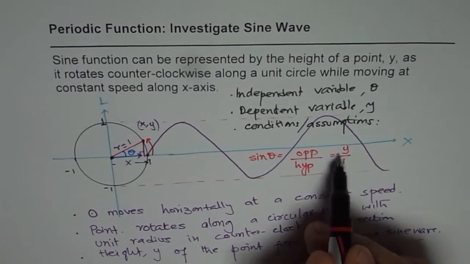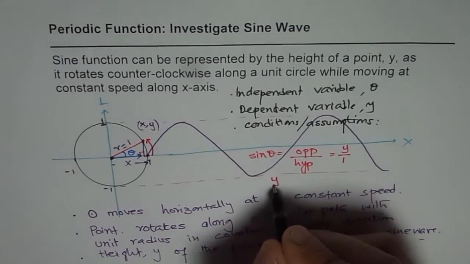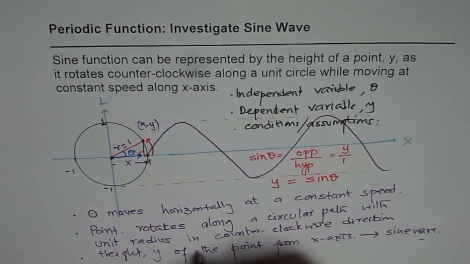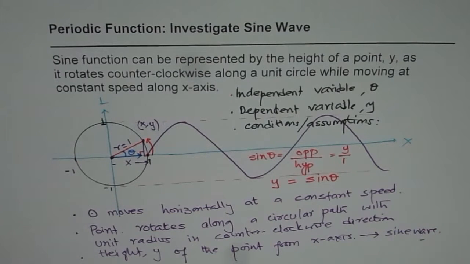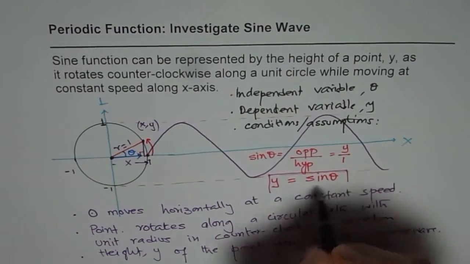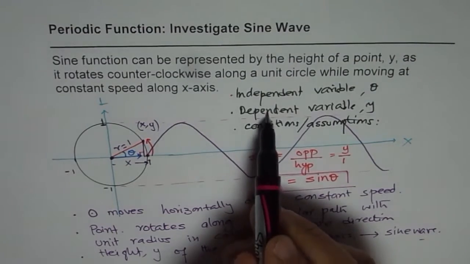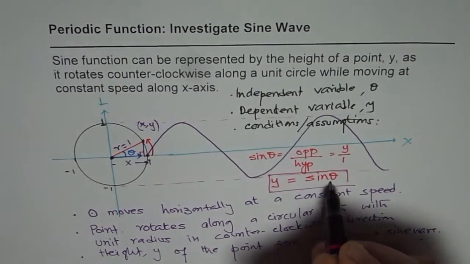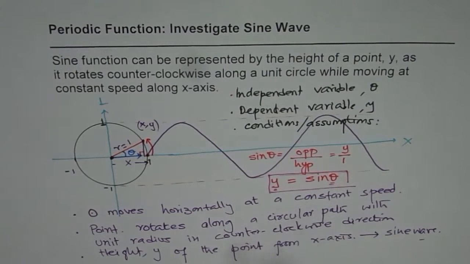Therefore, from here we can write the equation y equals sine theta. Do you see that? So from the very basic definition itself, we do get the equation which relates our dependent variable with the independent variable. Do you see that? So that is the sine function.